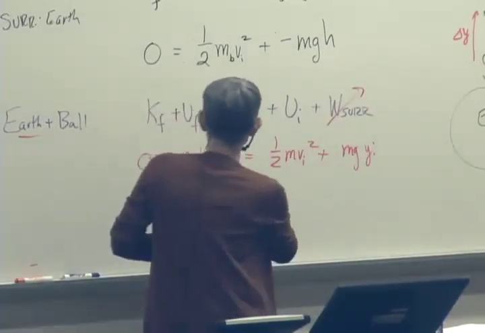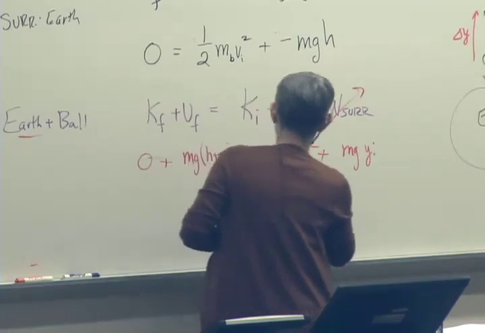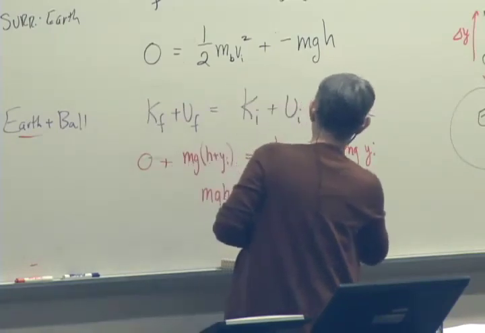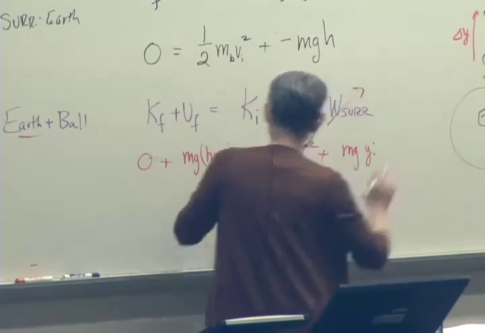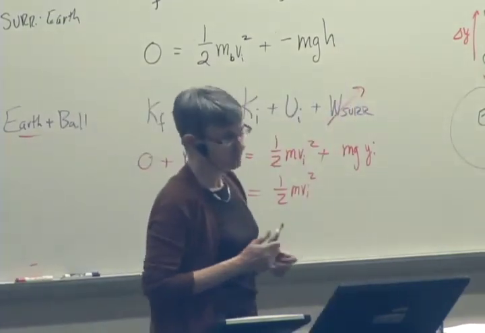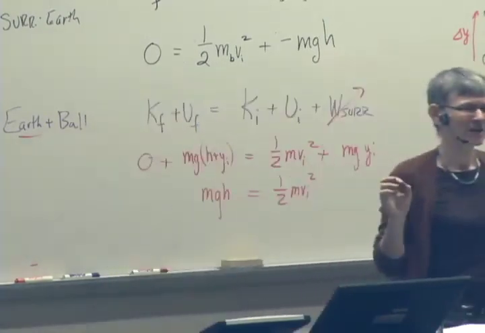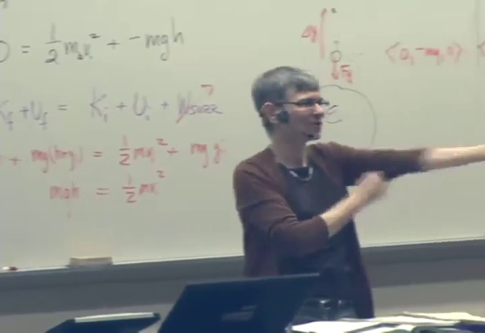And so simplifying, we get a change in potential energy is a half mv initial squared plus 0. Now you should get the same answer, but if you mix up the two, you're not going to.